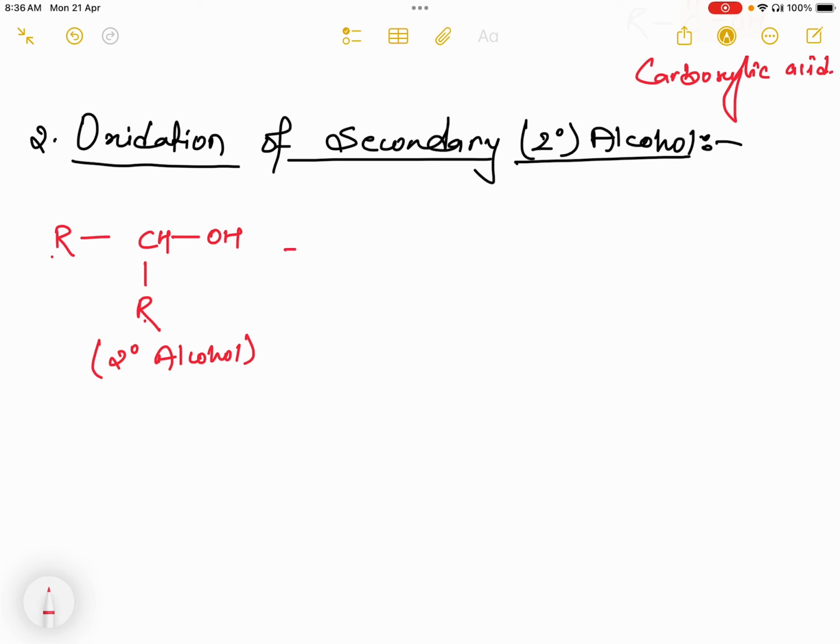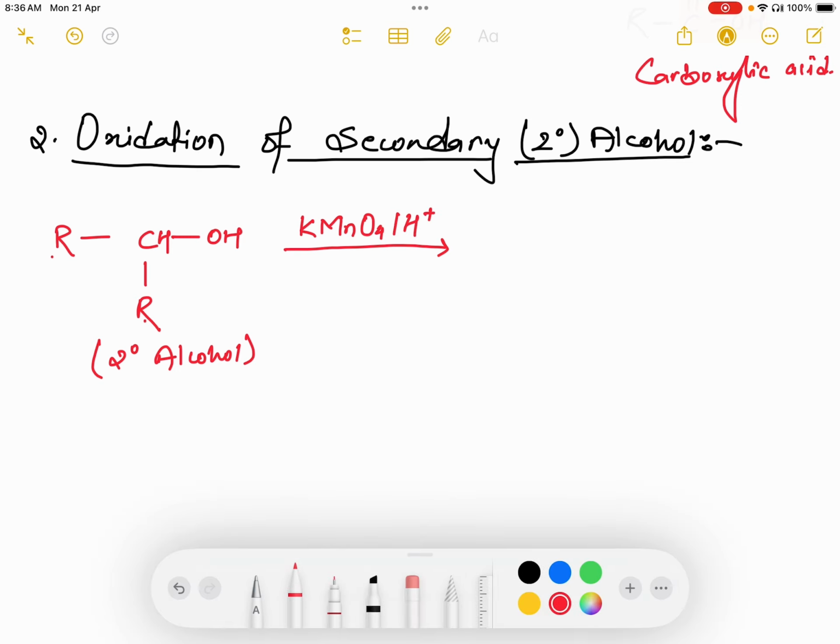Now it's oxidized with the same oxidizing agent, like KMnO4 in acidic medium. This 2 degree alcohol will transform into ketone. What will happen is basically this carbon-hydrogen bond will transform into a ketone. It is going to be something like this, R, C, R, and this will transform into a C double bond O group.